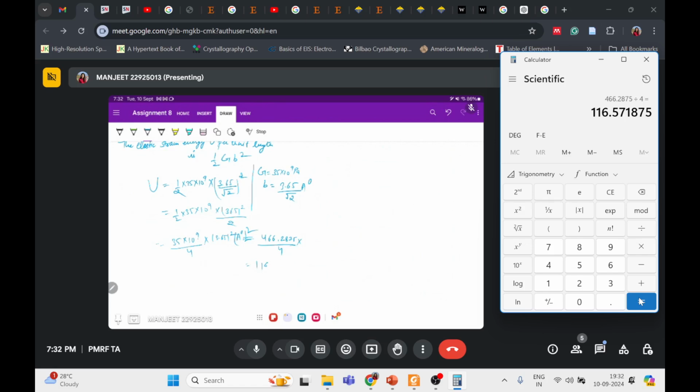1 angstrom is equal to 10 to the power minus 10 meter. Because all are in the SI unit, we have to take this B value, the dislocation line vector, also in the SI unit.